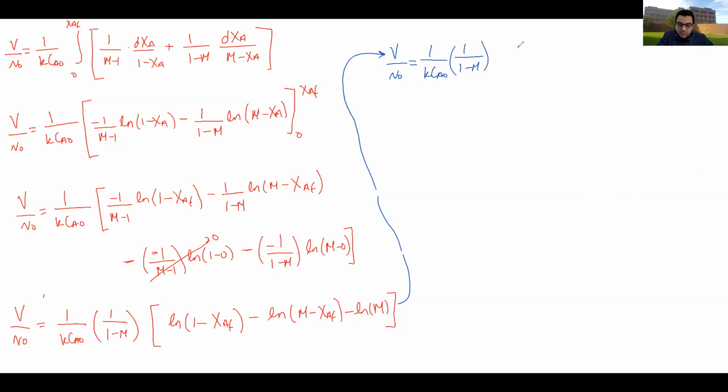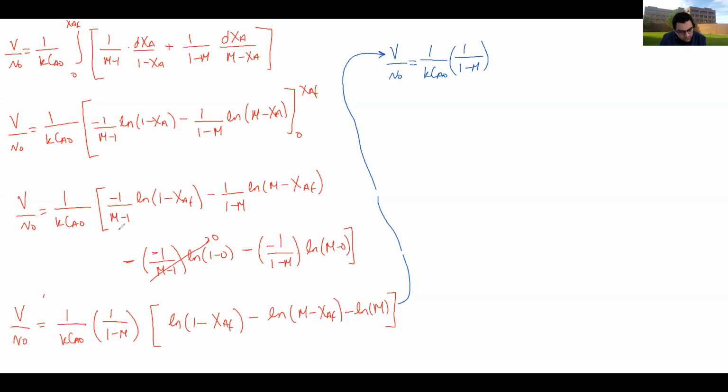So this will give me... wait. Yeah, this is correct. I'm just double checking my signs. Did I mess up the sign? Because this does not match what I have here.